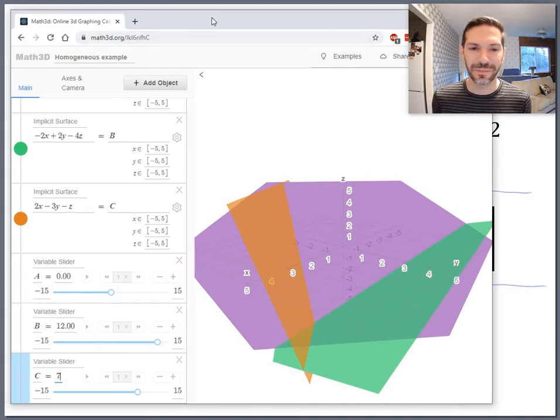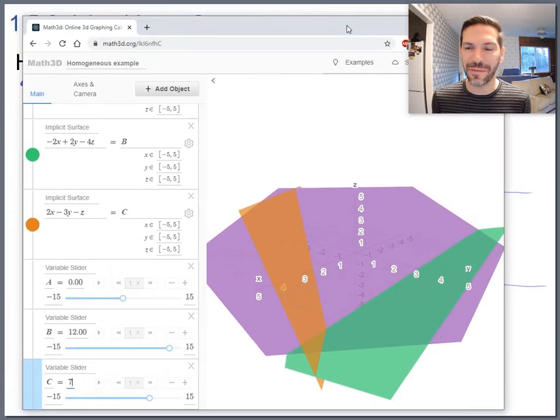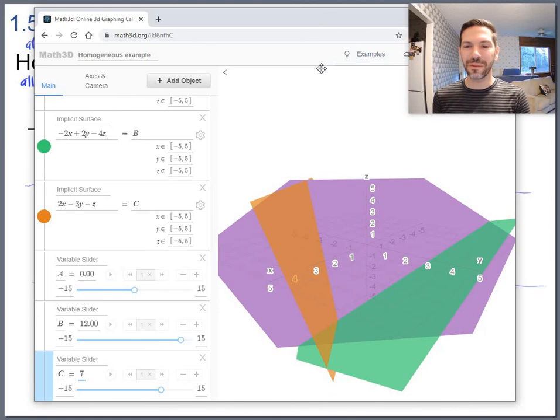Okay, so that's how things look graphically in 3 dimensions. And really the main thing I wanted to point out here was, since all I changed was the number on the right hand side of the equal sign, I wasn't changing the slope of any of those 3 planes, which means just by changing the numbers, I'm not ever going to change it from having one solution to having multiple solutions.